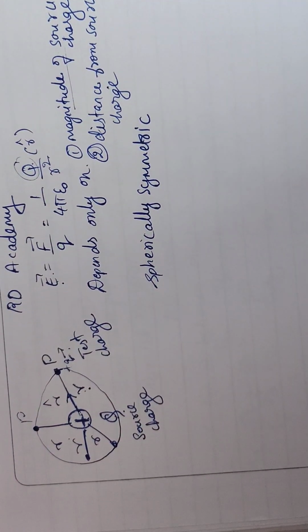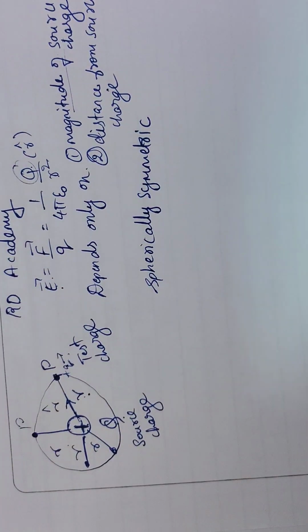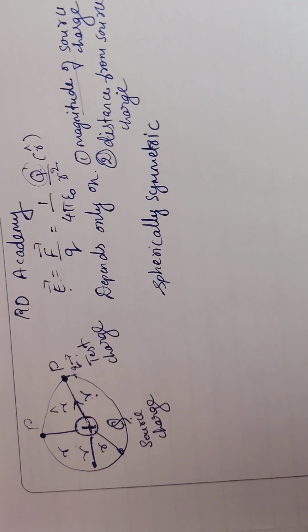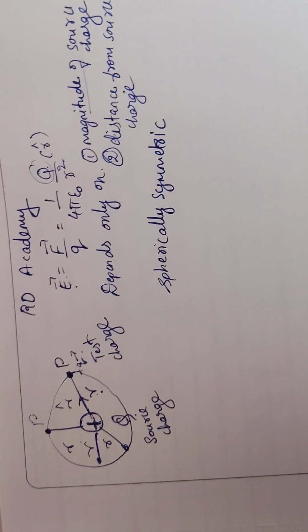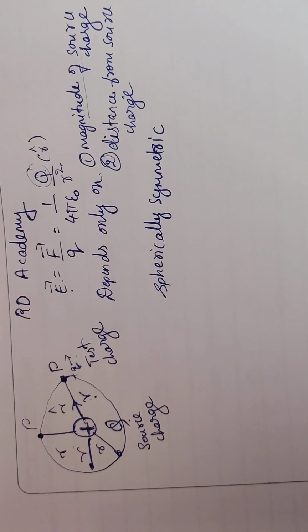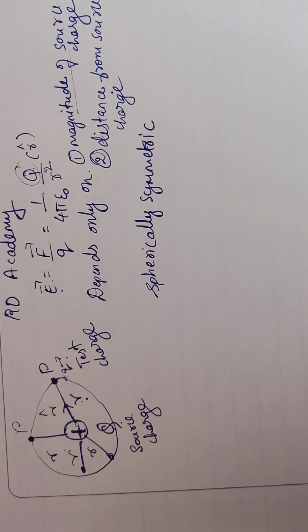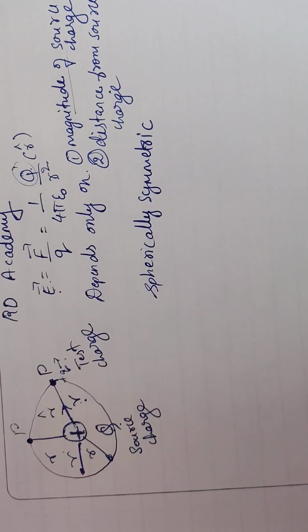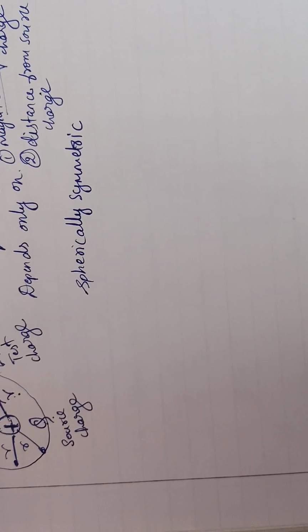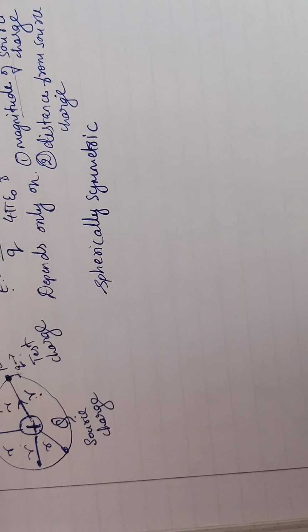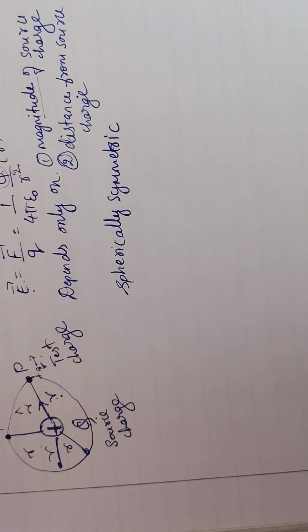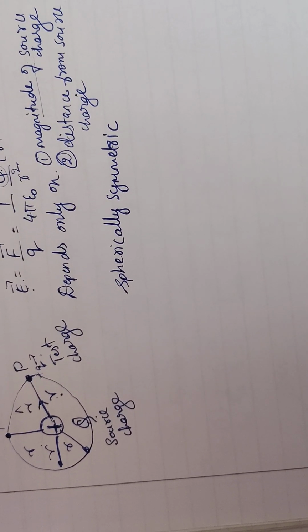What happens in three-dimensional space? The extension of a circle in three dimensions is nothing but the sphere. So in a sphere, if you keep the radius the same, then the magnitude of the electric field at all points remains the same. This property is known as the spherically symmetric property of the electric field.